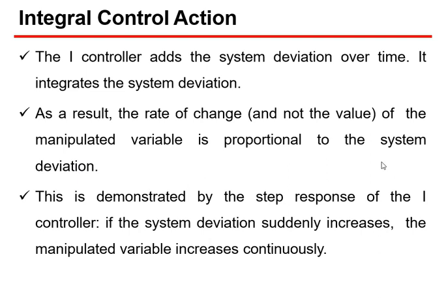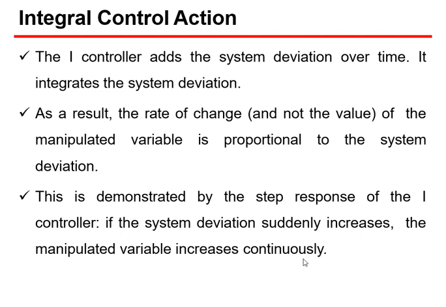Depending on the system deviation, the integral will give you the output. So that is very important. This is demonstrated by the step response of an I controller. It means if the system deviation suddenly increases, the manipulated variable increases continuously.